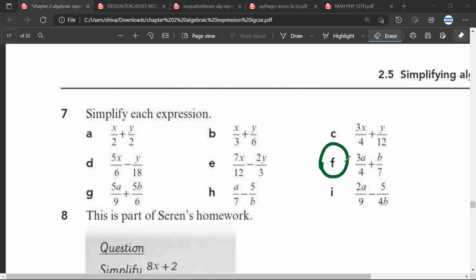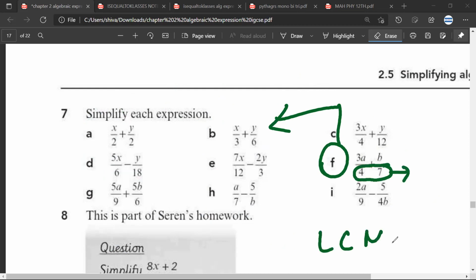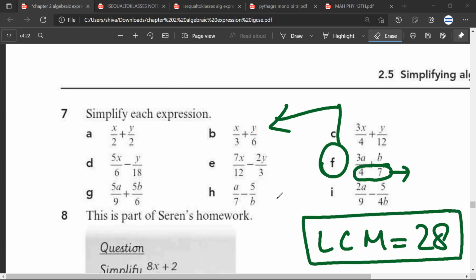Satya, how should I do this F part? So, sir, we have to find the LCM. It would be same, I guess. Okay, sir, sorry, sir. So we have to multiply 4.